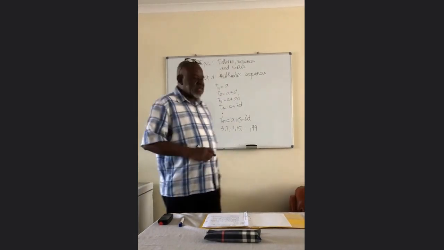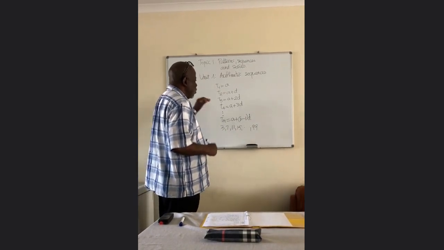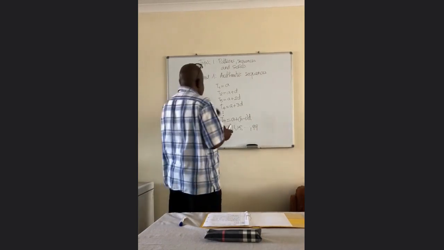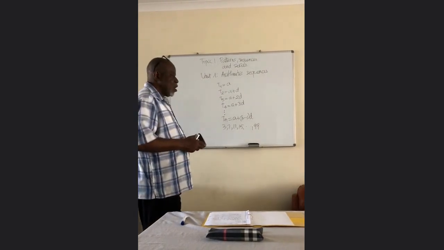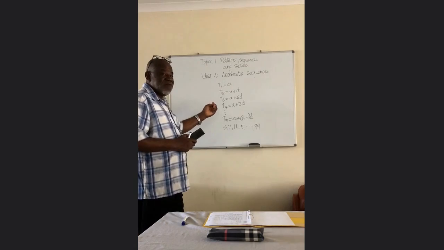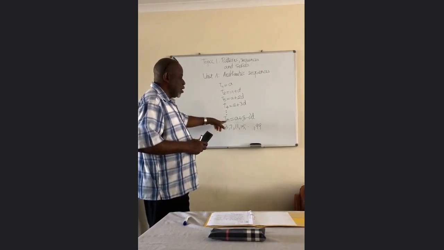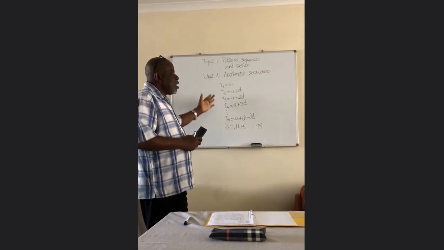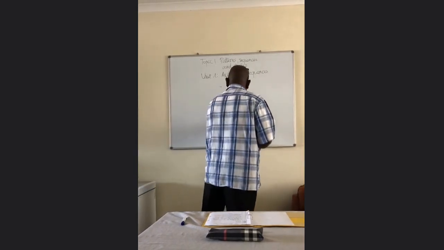I'm just going to clean the board so that we can have some space here at the top. This is very important, so you must make sure you know that if you want to get any term of an arithmetic sequence, you will need this general term. And this formula will help you to get any term of your sequence. So here we are.